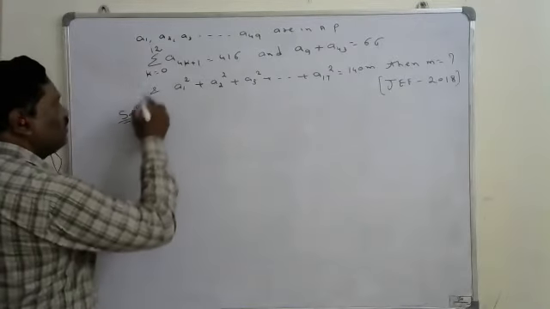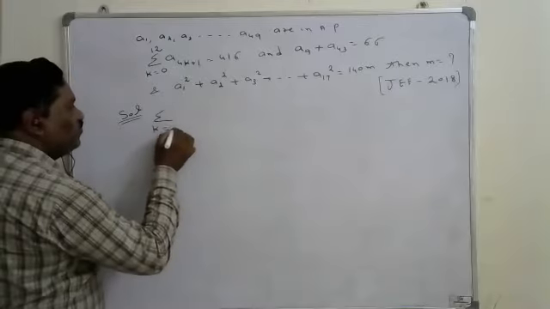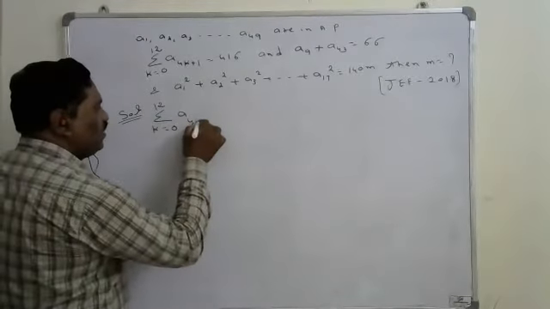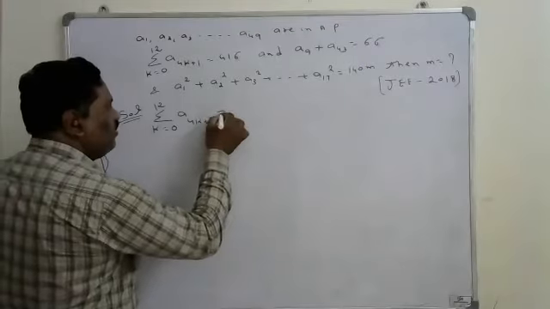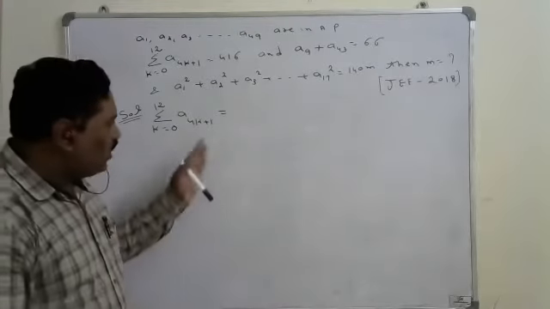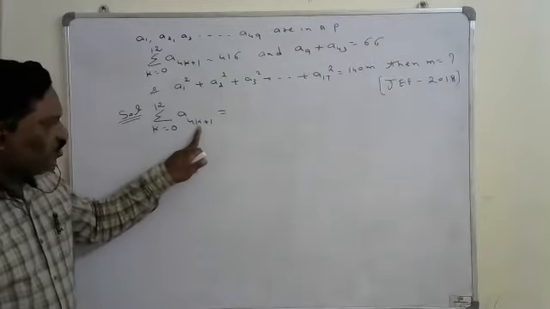Since they have given the sigma for K equal to 0 to 12 of A4K plus 1, let's expand this sigma and see what the terms represent. First keep K equal to 0, that is A1, the first term.